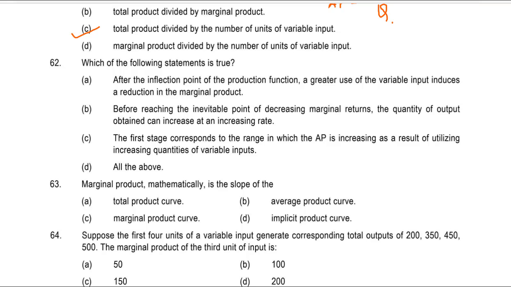B. Before reaching the inevitable point of decreasing marginal returns, the quantity of output obtained can increase at an increasing rate. C. The first stage corresponds to the range in which the average product is increasing as a result of utilizing increasing quantities of variable inputs, or D, all of the above. As you can see, my dear students, all the statements over here are true. So the answer is D, all of the above.